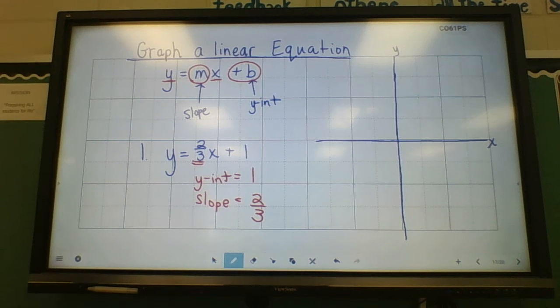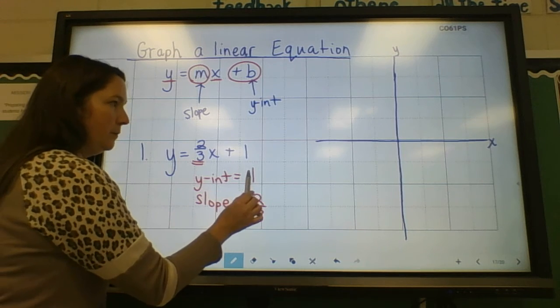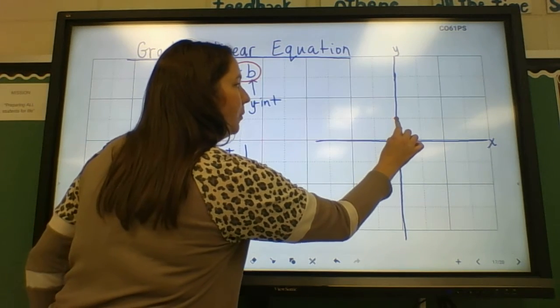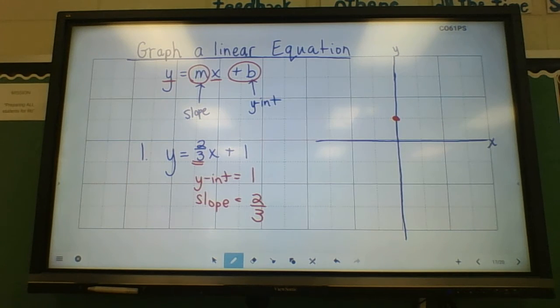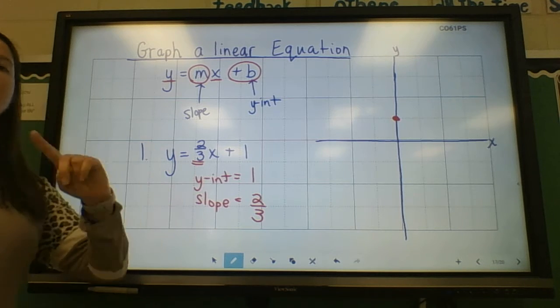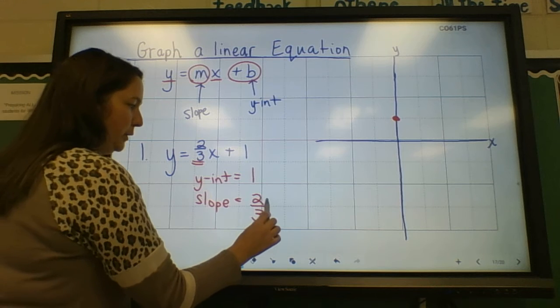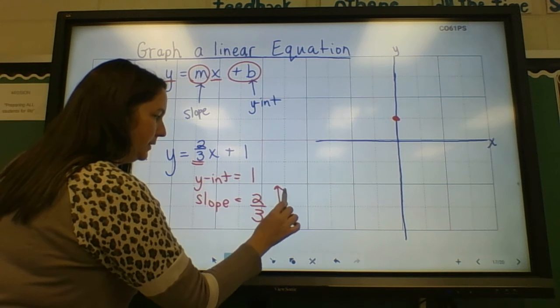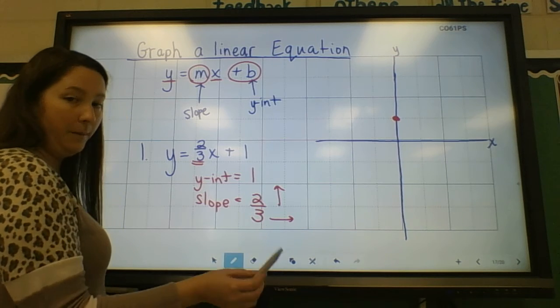All right, just like our video from yesterday, if the y-intercept is 1, we're going to put a 1 on the y-axis. Put a point on the 1 that's on the y-axis. And then my slope is 2/3, which means rise 2, run 3. Now, do you remember?